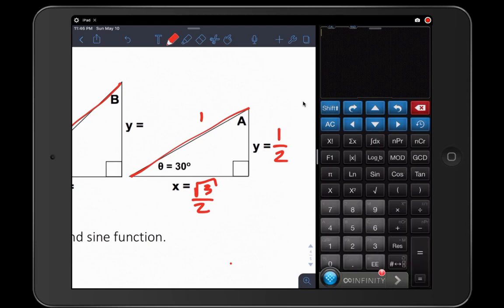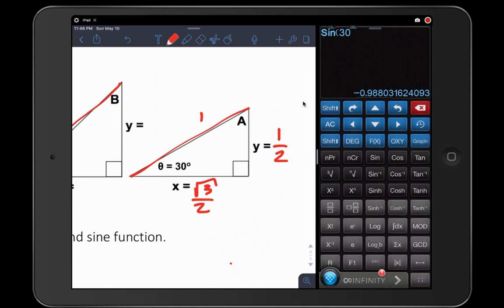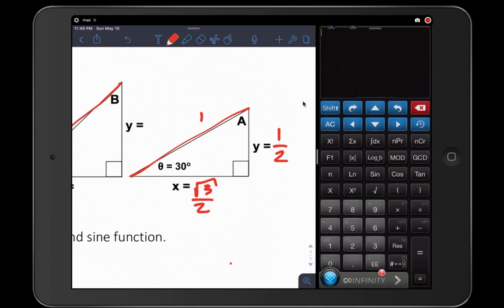Yep, I'm in degrees. So if I did sine of 30, I get this nasty decimal. Why is it giving me that? Degree, okay. So let's try it again. If I did sine of 30, then I get half, which is our y value, right?